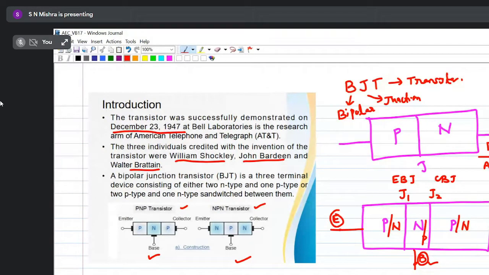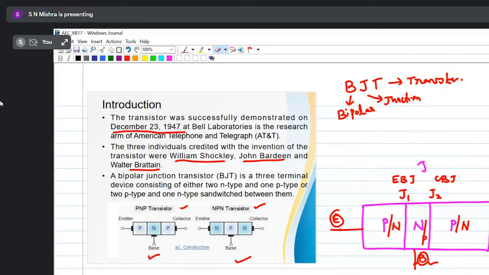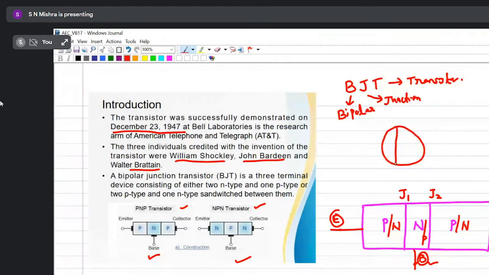Similarly, for the transistor symbol, first you make one circle, a vertical line, and an inclined line which are not touching each other, then in between another line. Then a straight line like this. This arrow mark you have to put here. The arrow mark is outgoing, or I can say it is not pointing in.